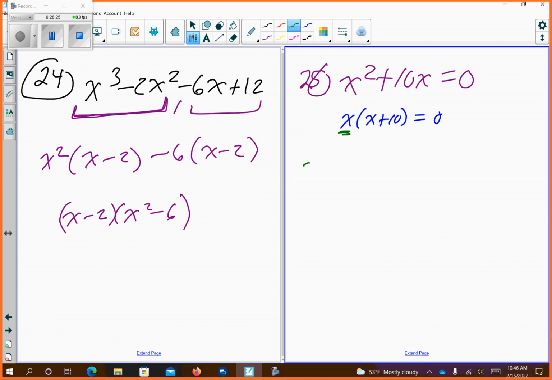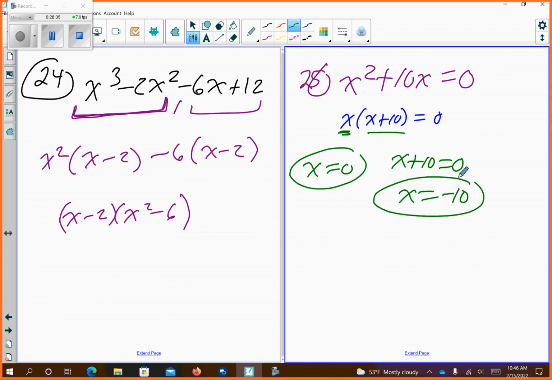I'm going to say that is equal to 0, and that is equal to 0. So one of the answers is this. The other answer is negative 10. Done. Okay, so it looks like factoring. This looks like I factored the greatest common factor out, but then I have to take the parts of the factor to set them equal to 0. So x equals 0, x plus 10 equals 0. And you just solve it.